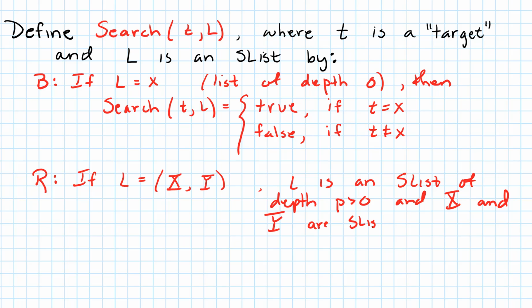Okay, so if that's our setup, then the search of T comma L is going to be either true or false.